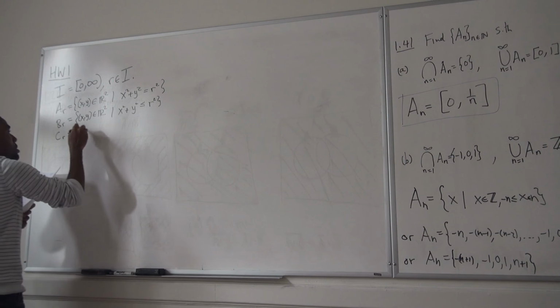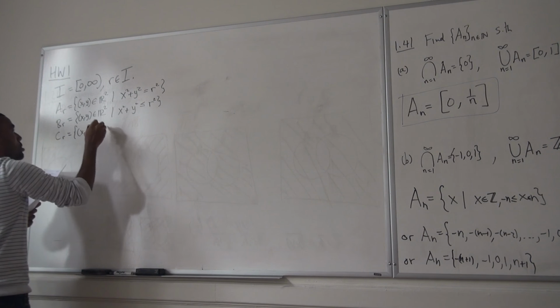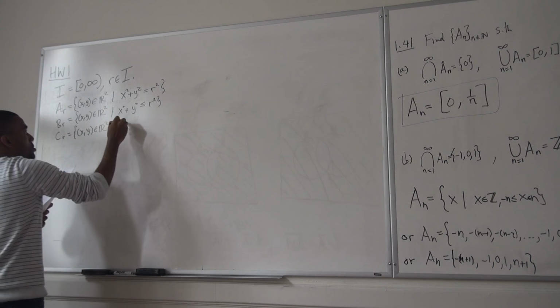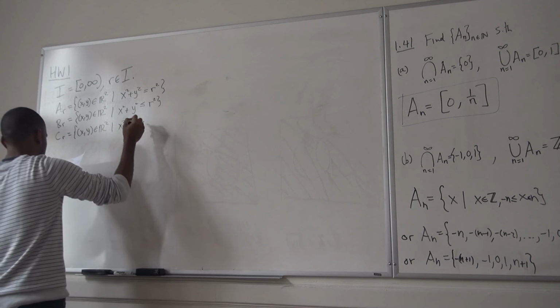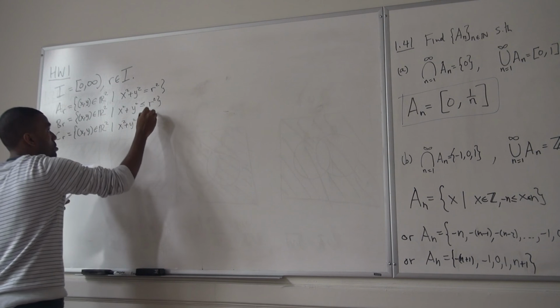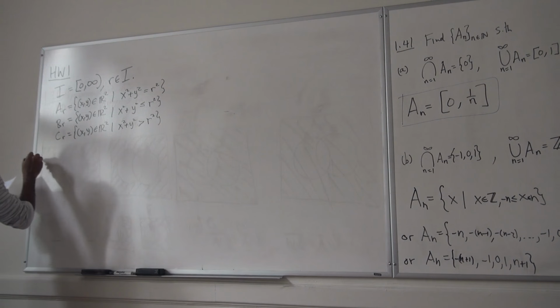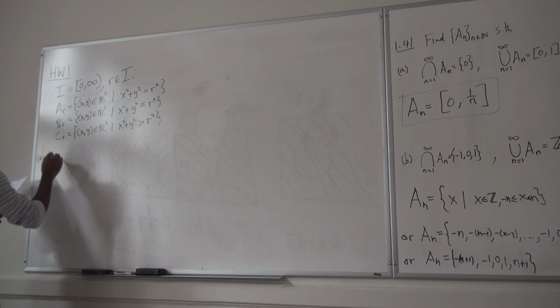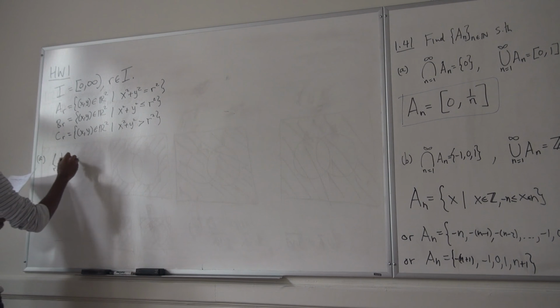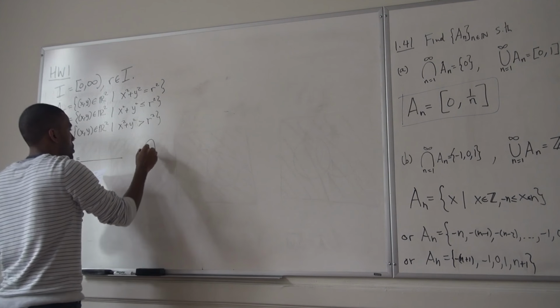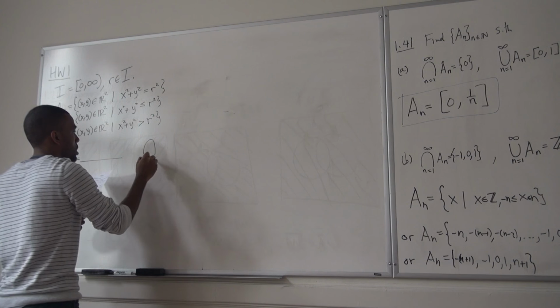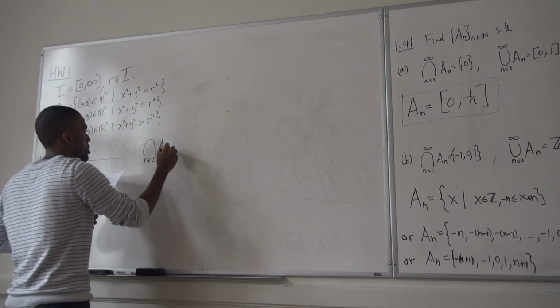And I asked you to find three things: the union over all r in I of A_r, the intersection over all r in I of A_r.